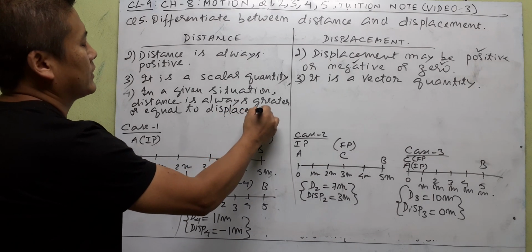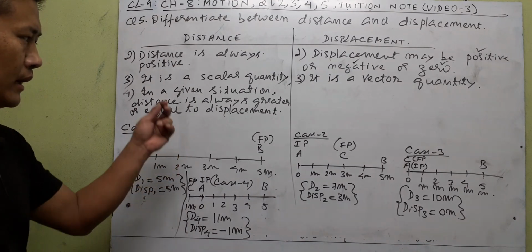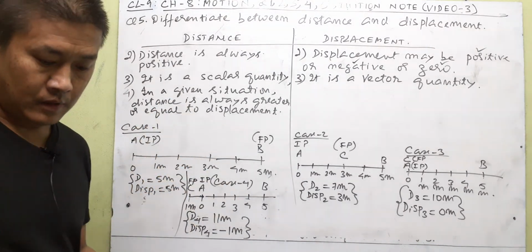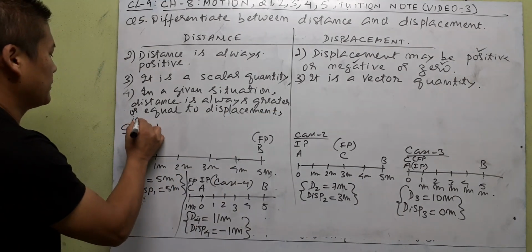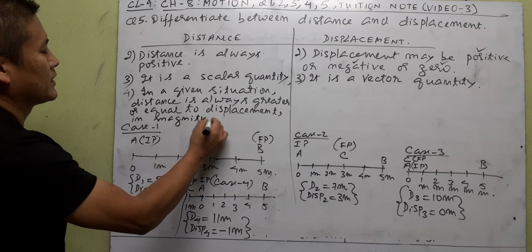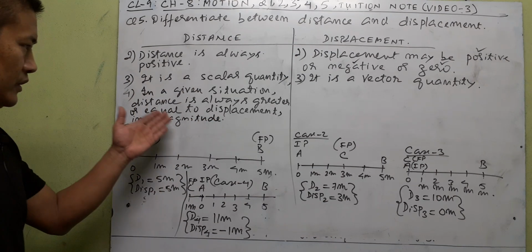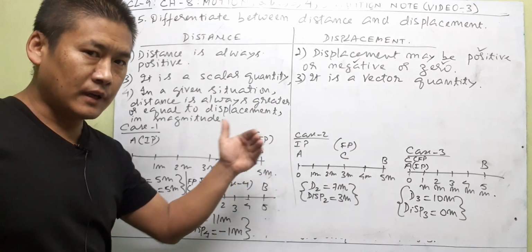Distance is always either greater or at least equal to displacement, never lesser than displacement. Okay, so in magnitude, numerical value. Let us see the examples and see whether this is true or not.